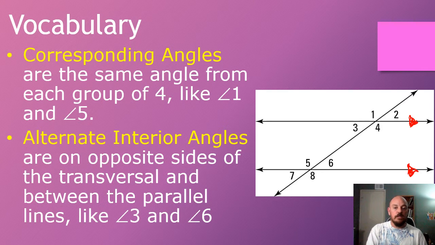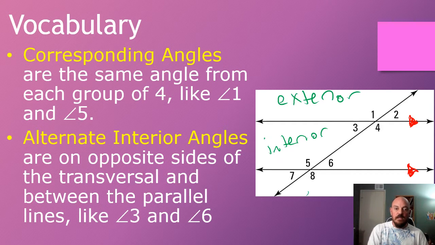You have two parallel lines. The interior is in between those two lines. That's what interior means. It means in between. Now, the exterior is outside of the lines. So up here is exterior, and down here is also exterior. So interior and exterior have to do with your parallel lines. Interior means it's in between the lines, and exterior means it's on the outside of them.